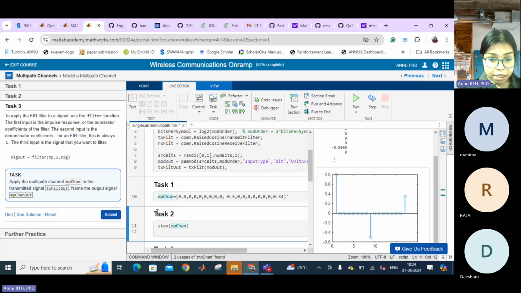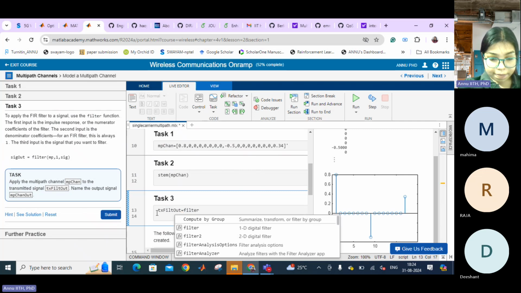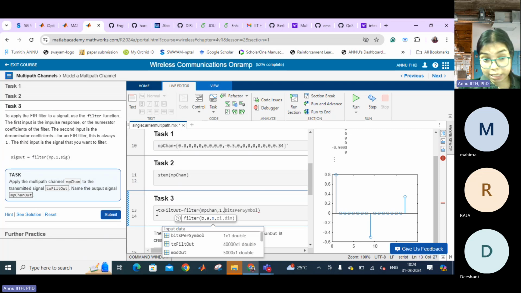Now let's see, take the transmit filter output. The filter is by default the multipath channel, and for FIR the denominator is 1, because the denominator is always 1 in case of FIR, whereas in case of IIR you will have the denominator as well.